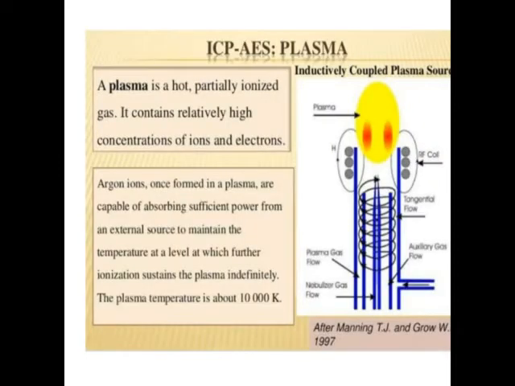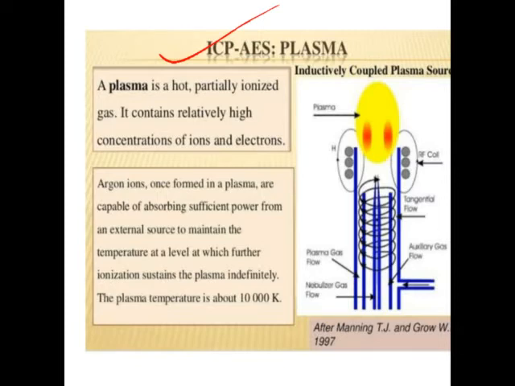Okay, then we are moving to the second one, that is the ICP. It is also called the inductively coupled plasma, or the transformer coupled plasma. It is a type of plasma source in which the energy is supplied by electric currents which are produced by EMI, electromagnetic induction, that is by the magnetic field.